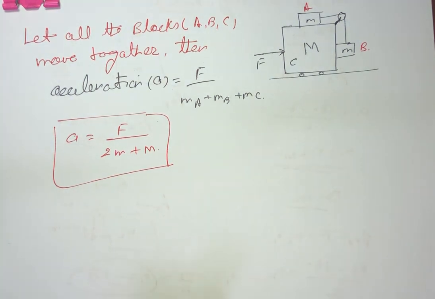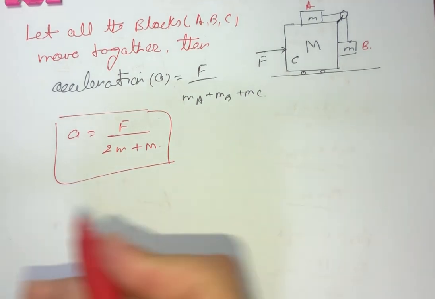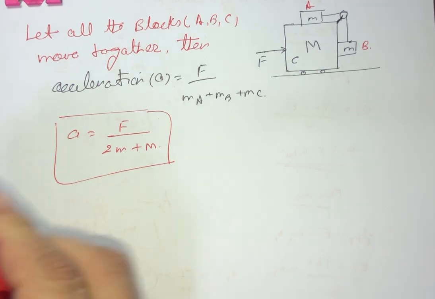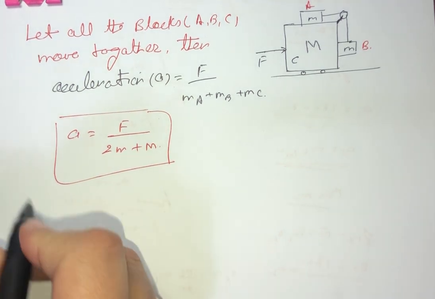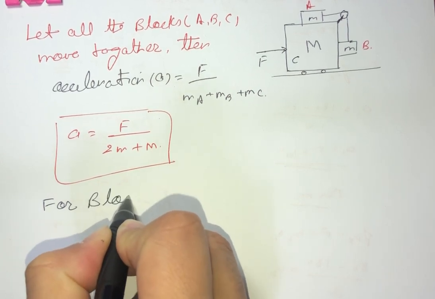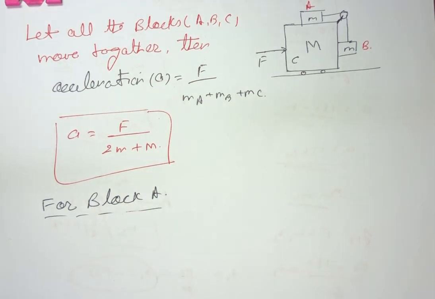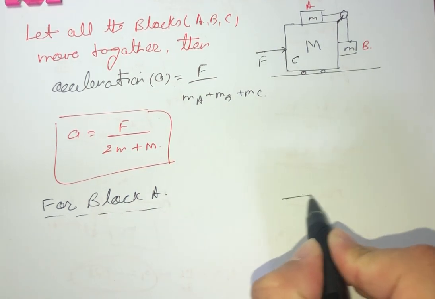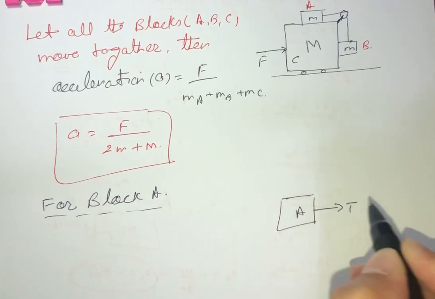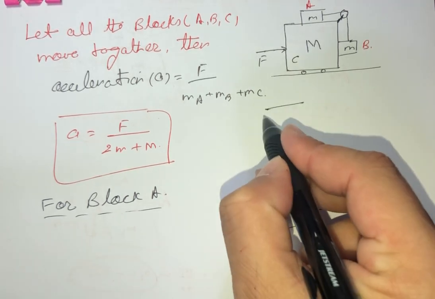Now it is supposed to find out the minimum and maximum force. Okay. So let's now one by one discuss the individual cases. We can say for block A, this is block A, the tension T, and for the combined it is moving like this.